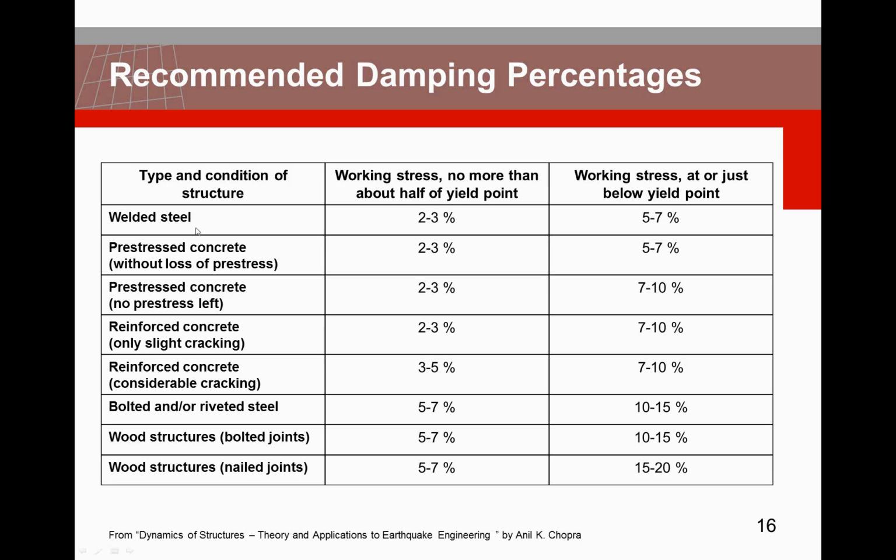And you see, depending on your material, when we go from welded steel, which has very little damping, to wooden structures, which have 5 to 7% of damping when they are not very heavily loaded. When they are near the yielding point, you see that for steel, your damping goes up to 5 to 7%, but for wooden structures, it can even go up to 20%.